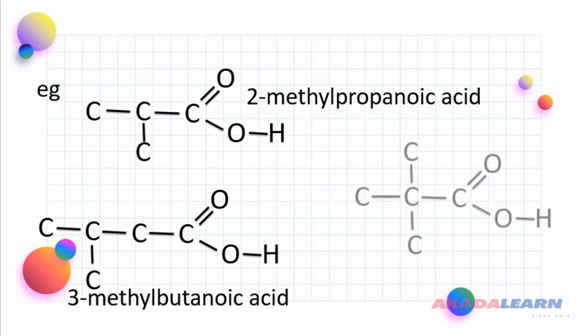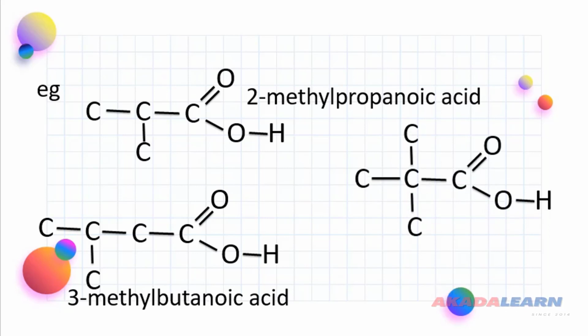In like manner, let's take a look at this other structure. You can see that the longest continuous chain counting from the OOH is 3 carbon atoms. But the 3 carbon atoms has 2 substituents. Now look at the first substituent.